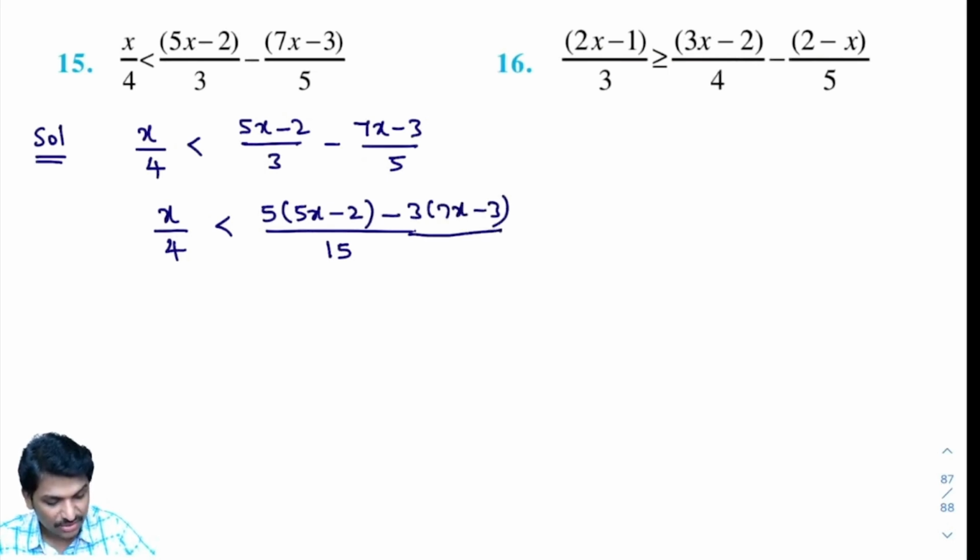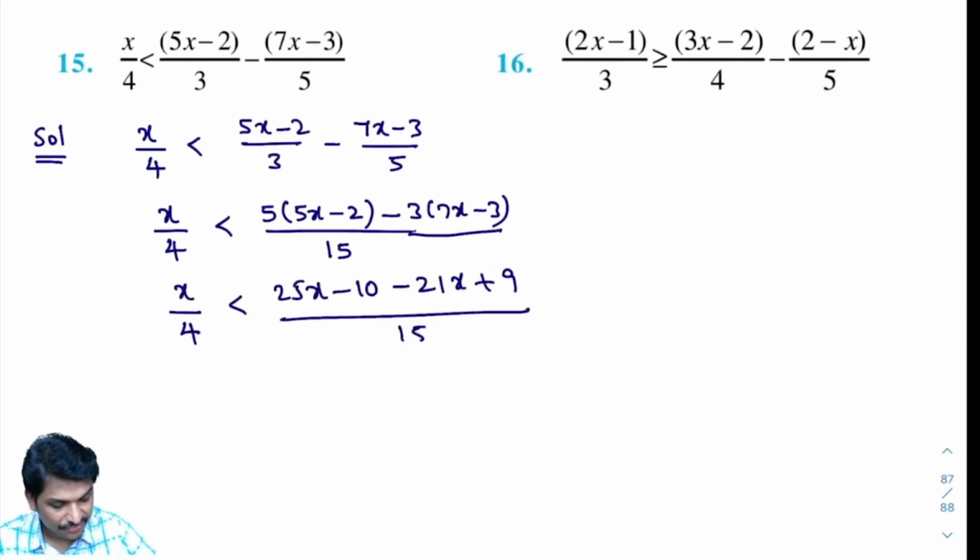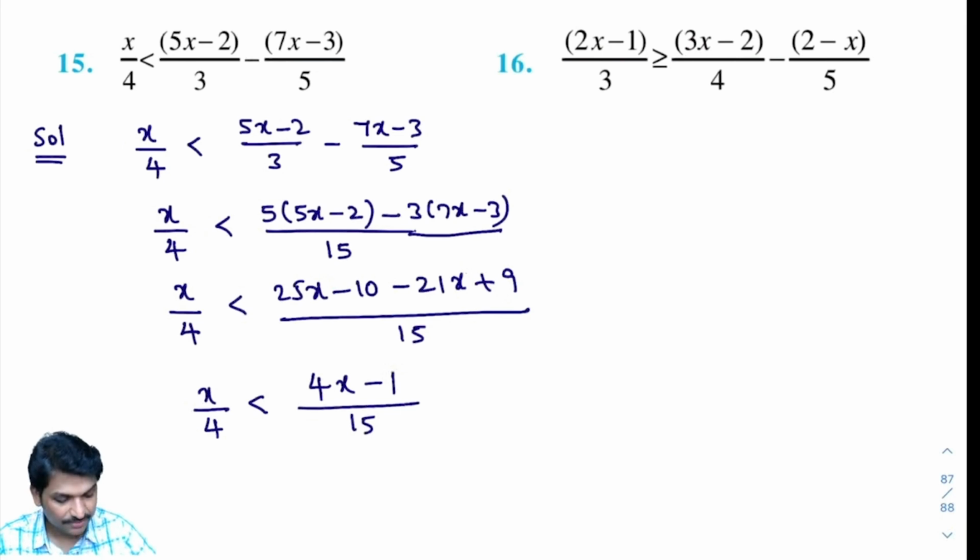I'm just trying to simplify this right hand side part. x by 4 is less than 25x minus 10 minus 21x plus 9 divided by 15. Look here, 25x minus 21x, that is 4x. Minus 10 plus 9, that is minus 1, divided by 15.